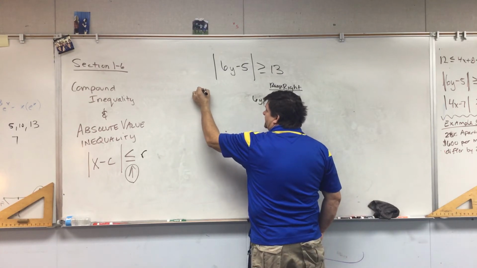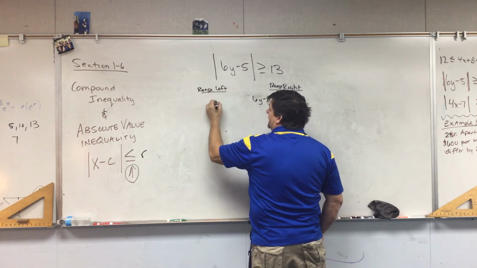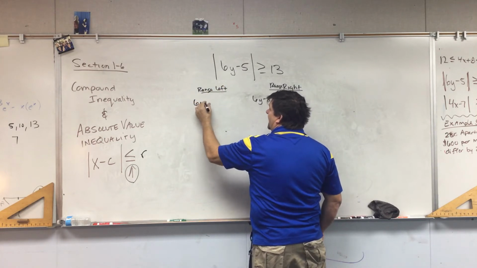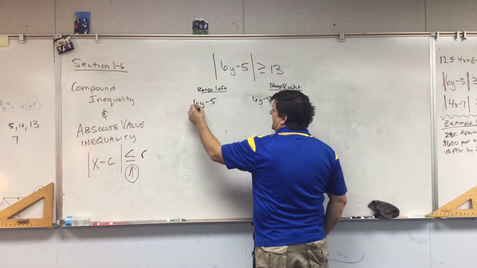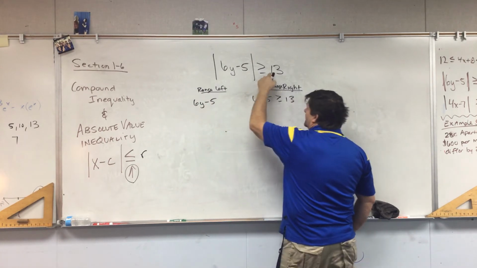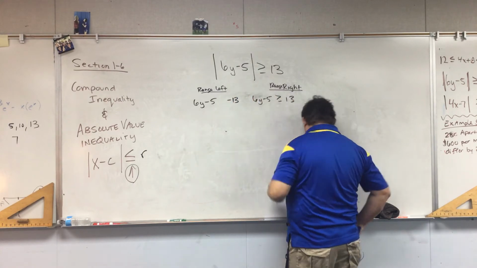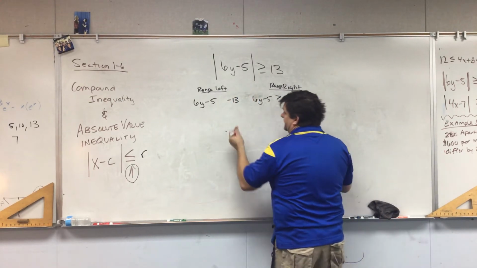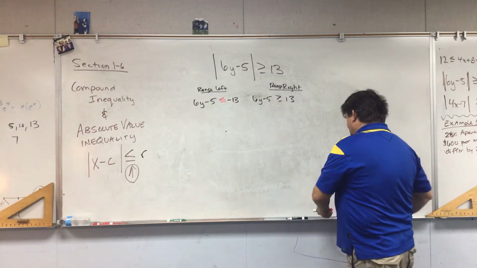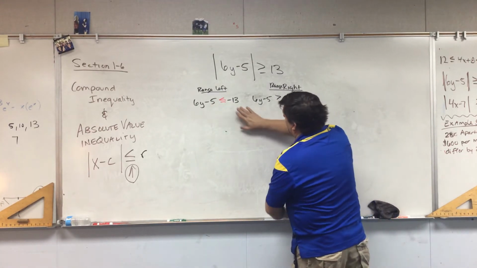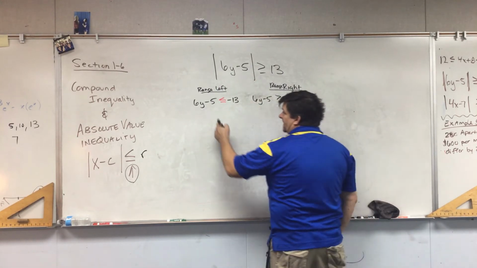This is my range or distance to the left of the center. That means that it's 6y minus 5, and I'm going to make this a negative. But since I create this as a negative, I have to flip the inequality. So my distance is now for the negative, but my inequality flips the other way. Now I just solve them from here.